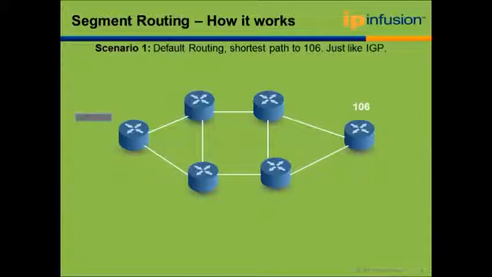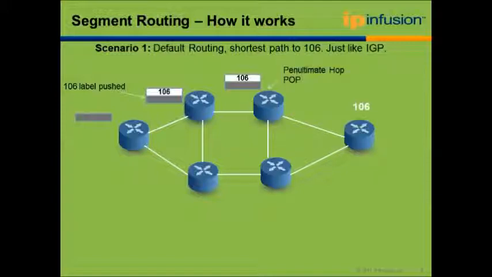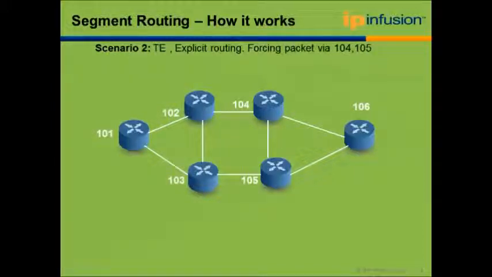This is an MPLS label which is pushed onto the top of the packet. When the packet reaches the next node, it will just do a swap operation on this. In the penultimate hop, it will pop this label, and the packet will reach the destination node 106. So this is the case of a very simple IGP shortest path which we are achieving using segment routing.